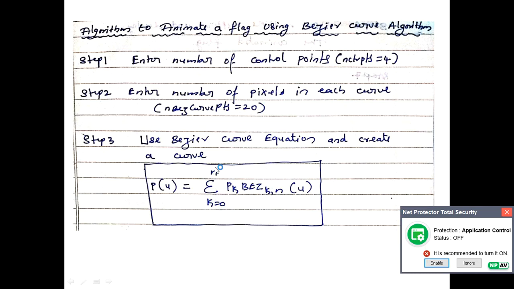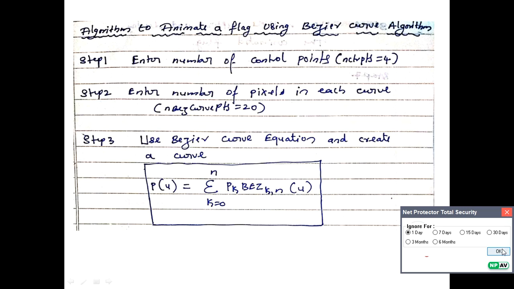Here the n value is 4. If the n value is 4, then k should range from 0 to n minus 1, that is, number of control points minus 1. 4 minus 1 is 3. So you assume n is 3, k equal to 0, because you are starting from k equal to 0.